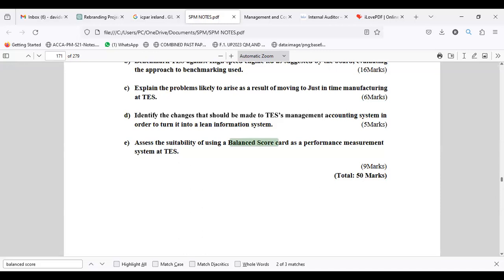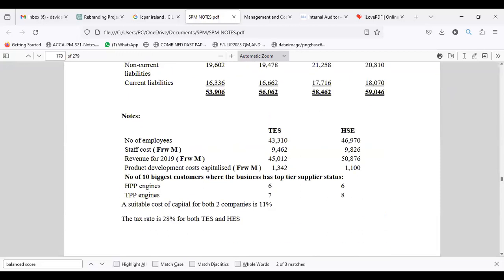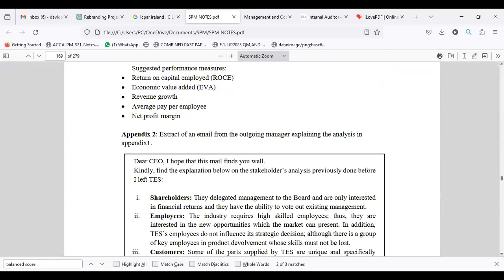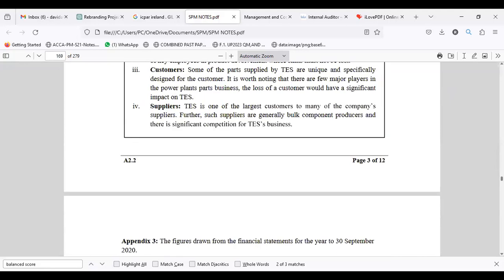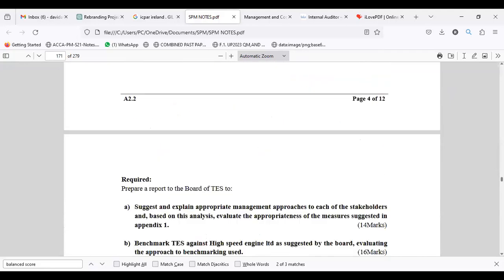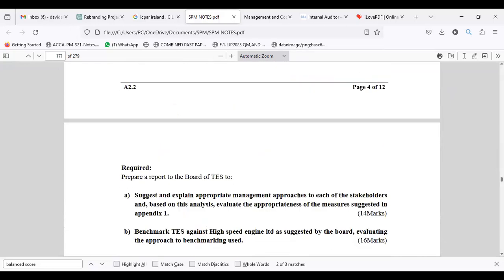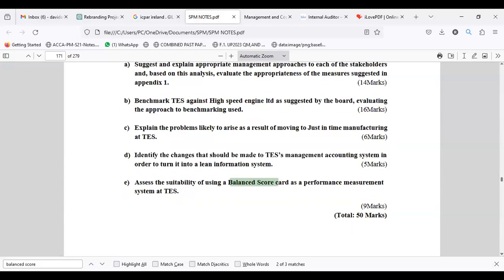They could measure, of course, internal business perspective, and they could measure also what we call innovation and learning perspective. And you have to talk about that, but of course, you have to have read. You don't talk about them without connecting to the case study. Of course, at first, you have to introduce them independently, but you have to integrate them into the case study, and that's what you need to do.